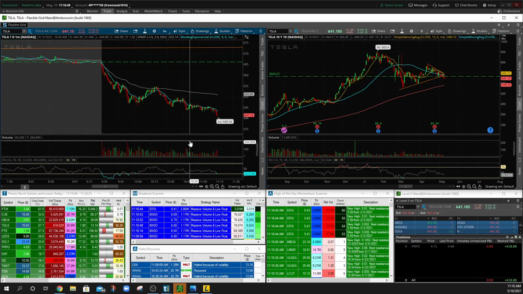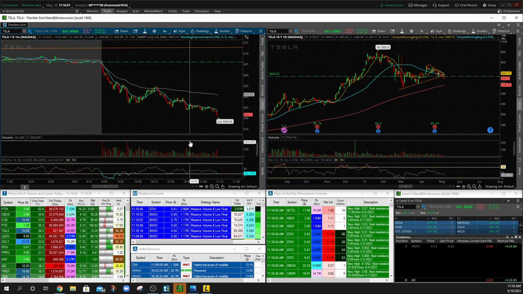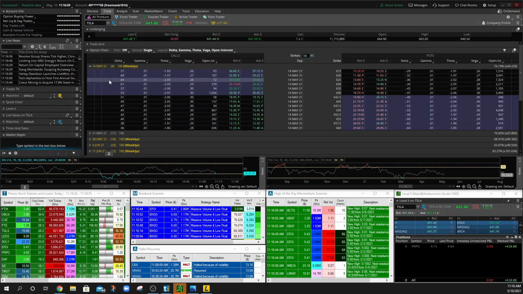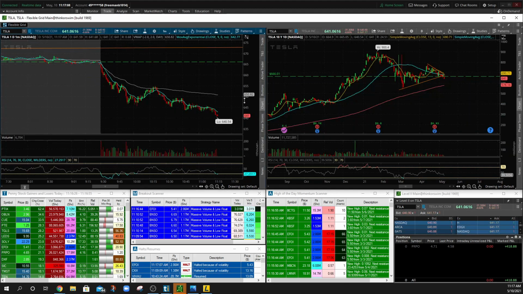So how do we still determine our risk reward, what our profit target will be in dollar amounts, and what our risk is going to be in dollar amounts? How do we do that? Well, that is delta, guys. The delta is the change of the option per dollar move. So right now, we look at Tesla.